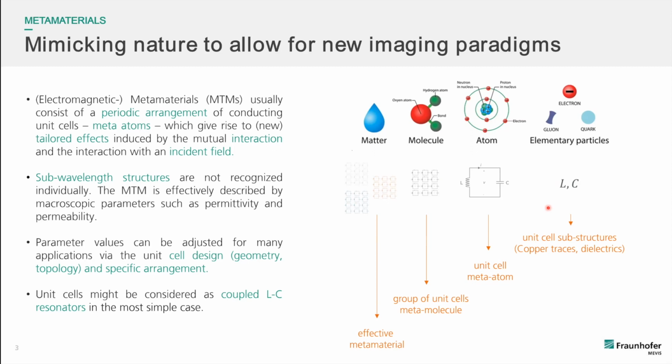If our structures are small enough, smaller than the wavelength, the wave won't recognize the atomic structure or the substructure of our material, but rather recognize a material which has some overall properties, like a certain permittivity and certain permeability, and we can modify and construct it exactly in the way we need it.